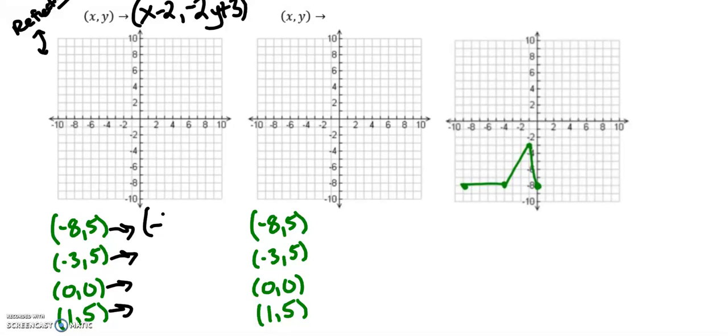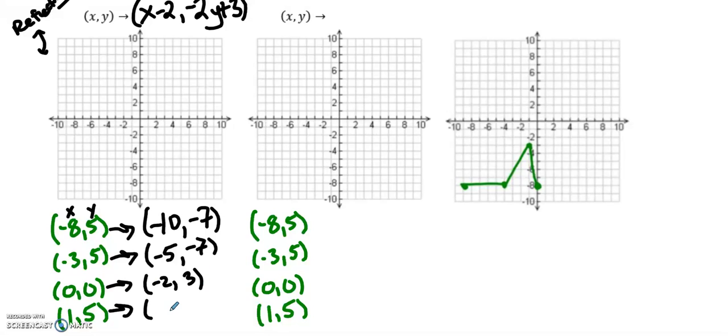So I'm going to get negative 10, comma, negative 7. I'm plugging in the x and the y right there, up here, into my transformed point. This is going to become negative 5, comma, negative 7. I'm going to get negative 2, comma, 3. And lastly, negative 1, comma, negative 7.